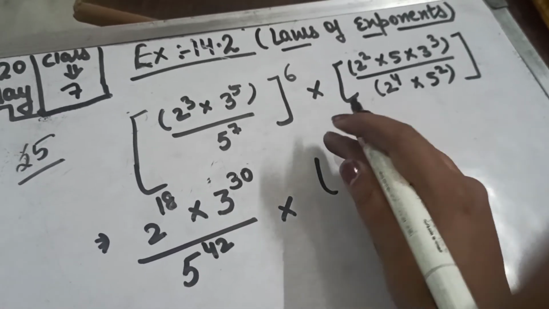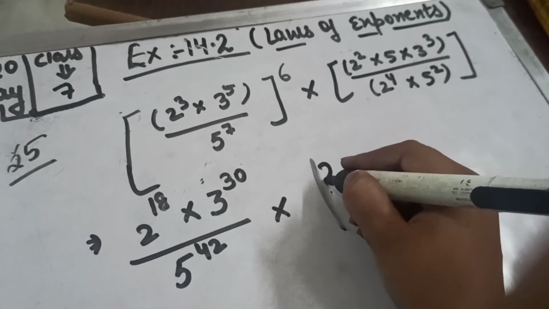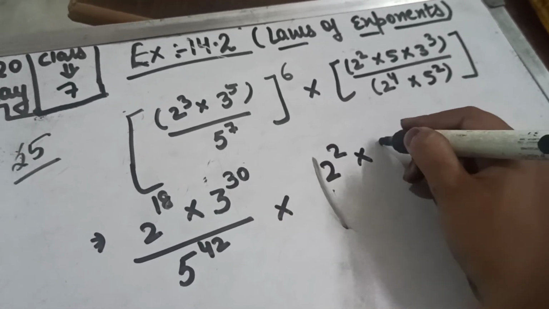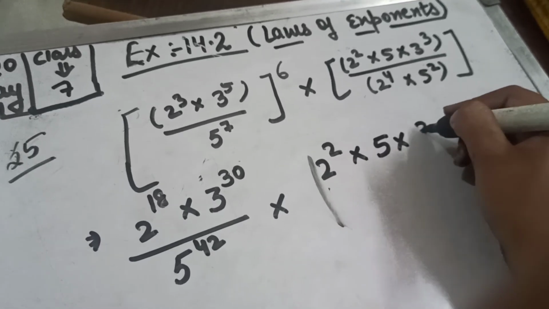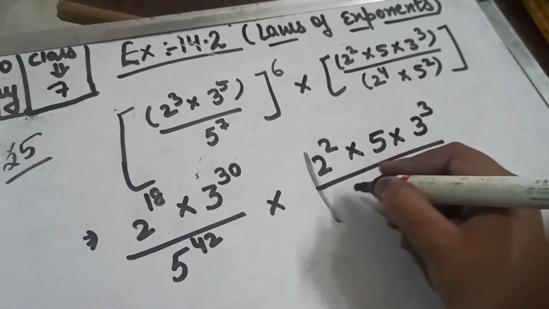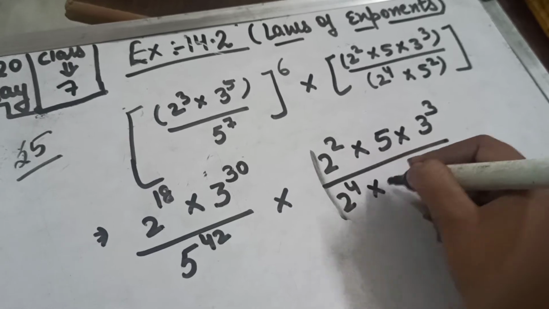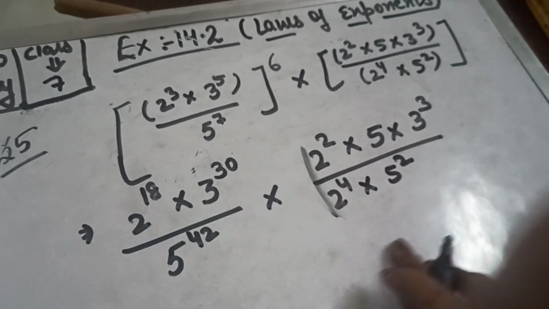Multiply these, they are same: 2 the power 2 multiply 5 multiply 3 the power 3, 2 the power 4 multiply 5 the power 2.